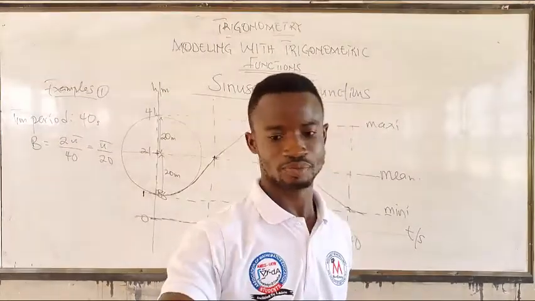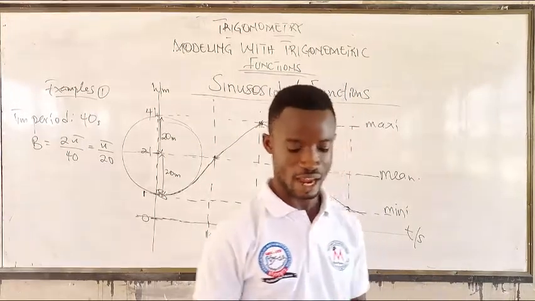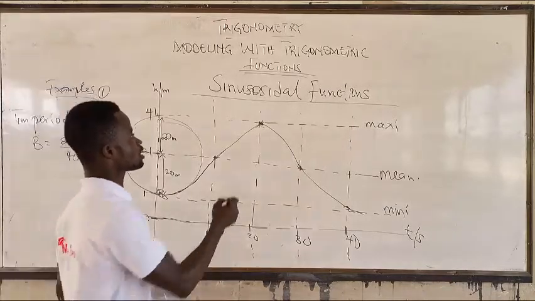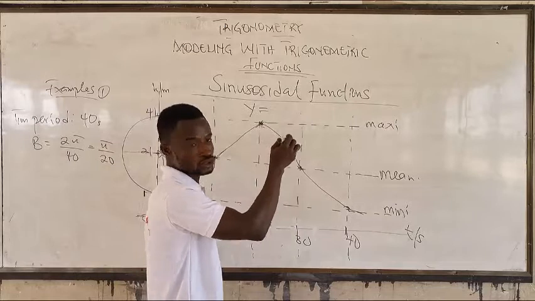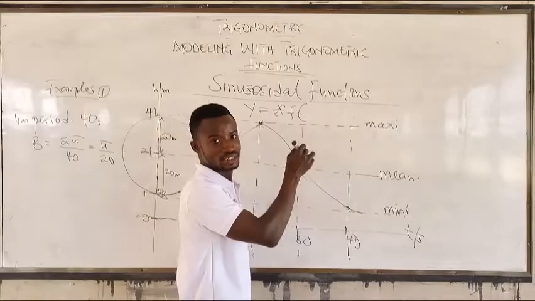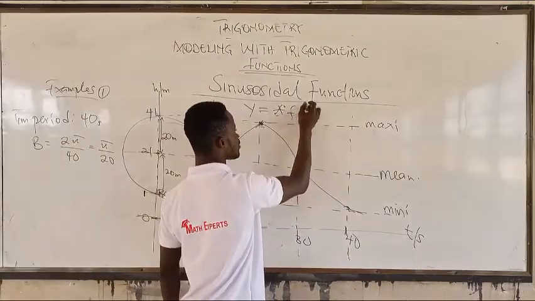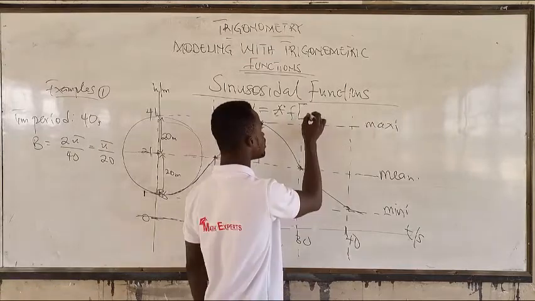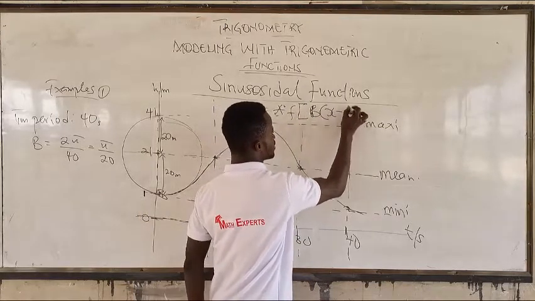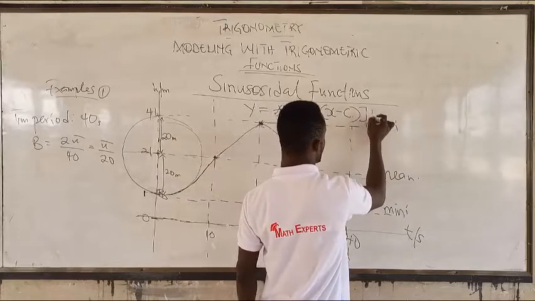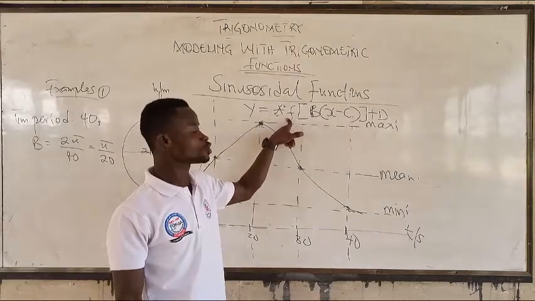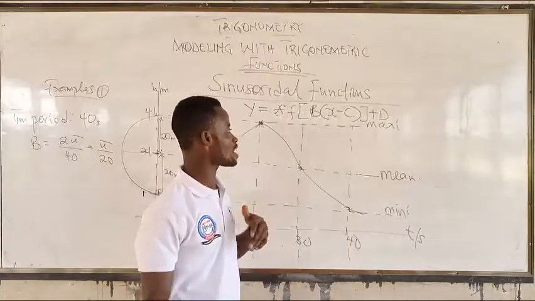Alright. Then, you know that in general, the equation will be in the form y is equal to A F(B(x minus C)) plus D. Now the F here is used because it can be either sine or cosine.